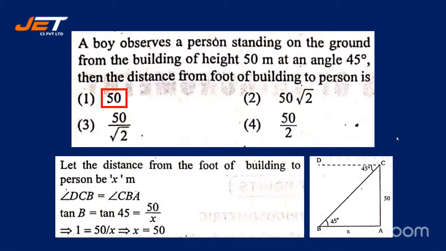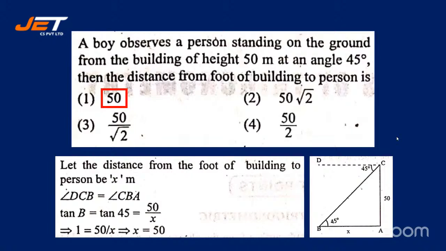We are assuming the distance to be x. Here, angle DCB is equal to angle CBA. Alternate angles are equal, isn't it? We know CBA is 45 because the sum says so, so the alternate angle DCB should also be 45.